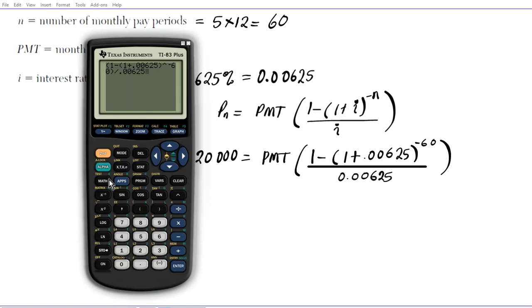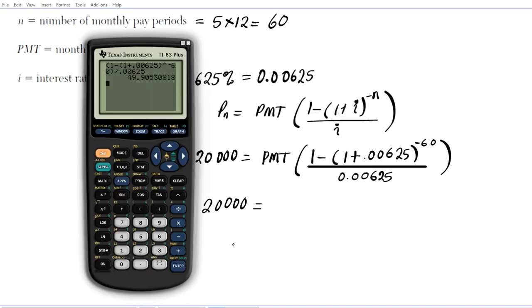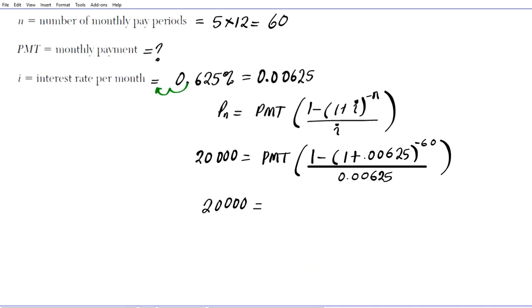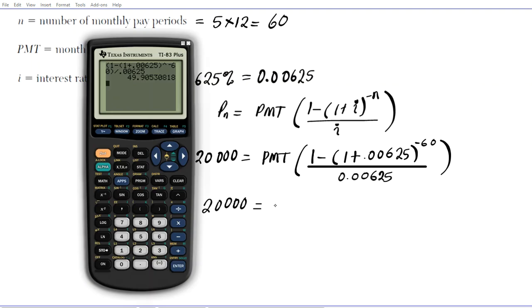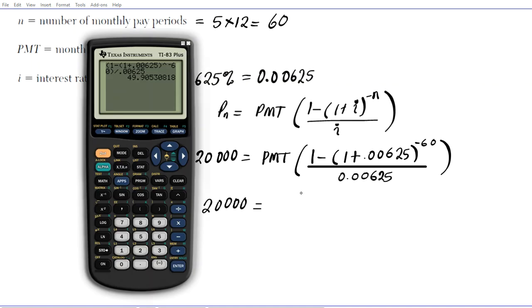Hit enter. We get 49.9053. So 20,000 equals, let's write this properly, 49.9053 times the payment, PMT.